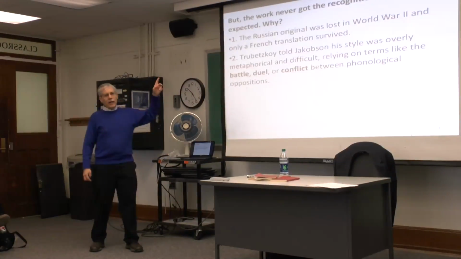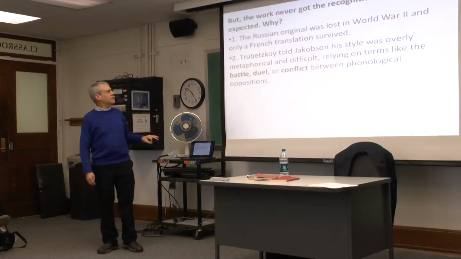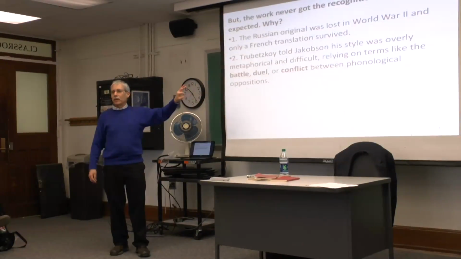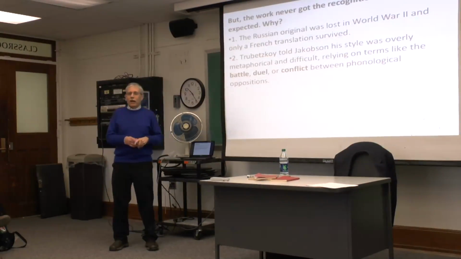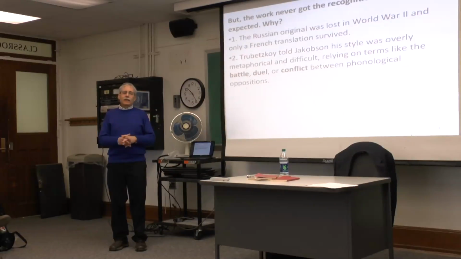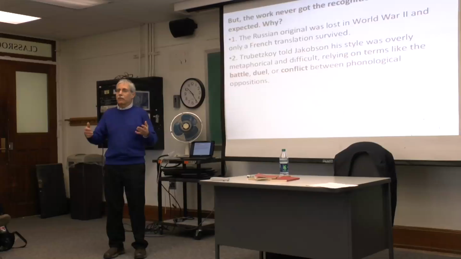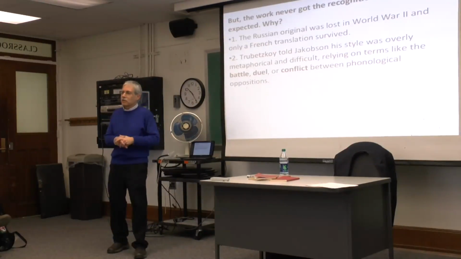Then we know a lot about this. How do we know? Let me tell you where my sources are. He and Trubetskoy, who I mentioned was the other most prominent linguist of the Prague School, had a correspondence. And this was published because obviously Jakobson received Trubetskoy's letters, and he eventually emigrated to the United States.